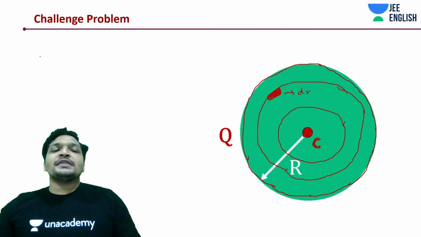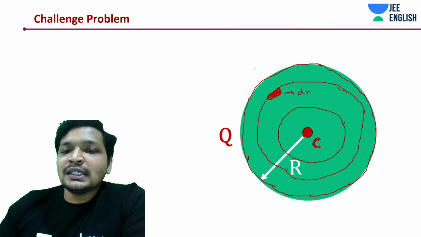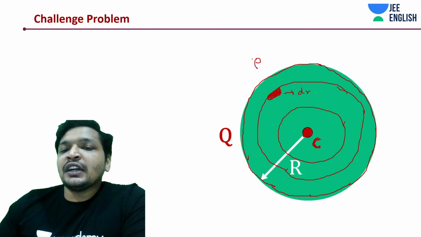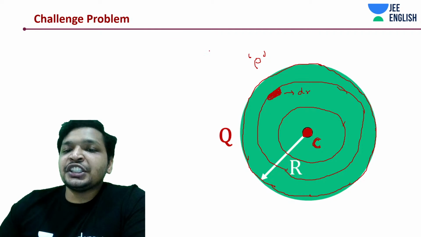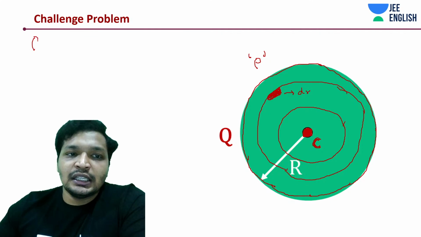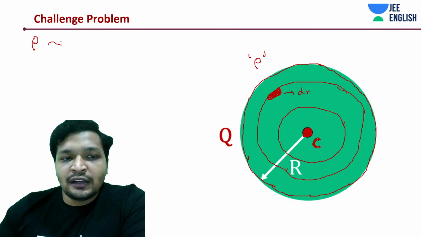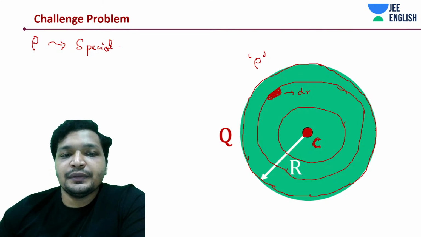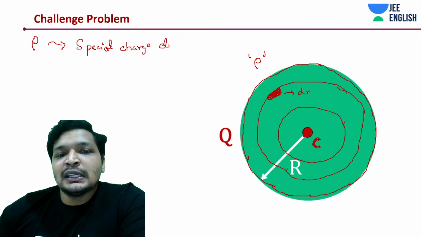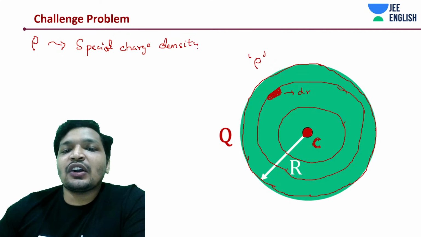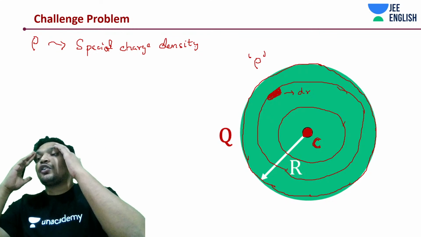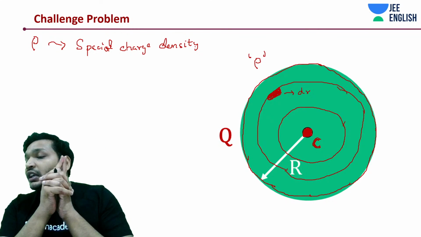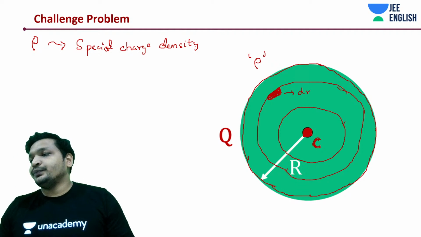If it's a uniform charge distribution, what is the thing that we are concerned about? Spatial charge density, as we did during the electric field. Spatial charge density is the quantity we are concerned about when charge is distributed throughout the volume.